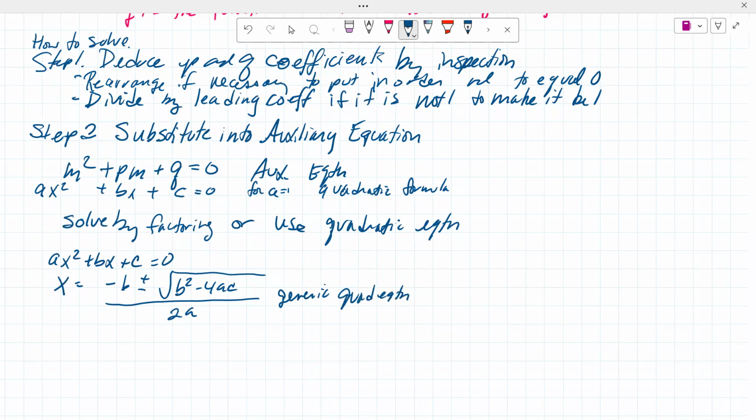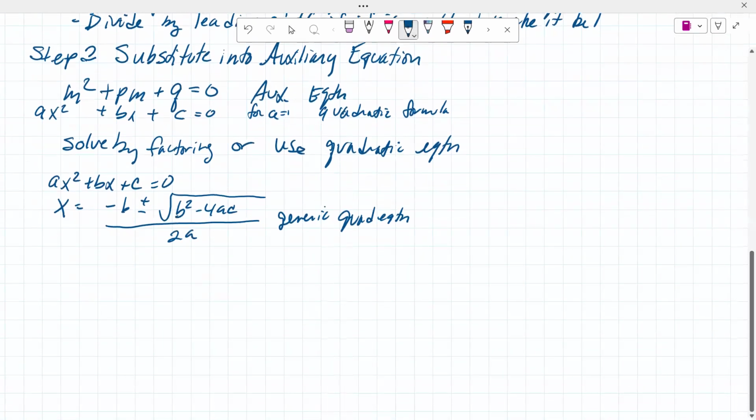But of course, we said that we made our leading coefficient be 1, so our a is always going to be 1. And in this case, the one we're solving for in our auxiliary equation has this m squared. So instead of solving for x, in our case, we're instead going to have something very much related, but a little bit different. M equals, right, negative p, right? So where this one is matching to our equation.